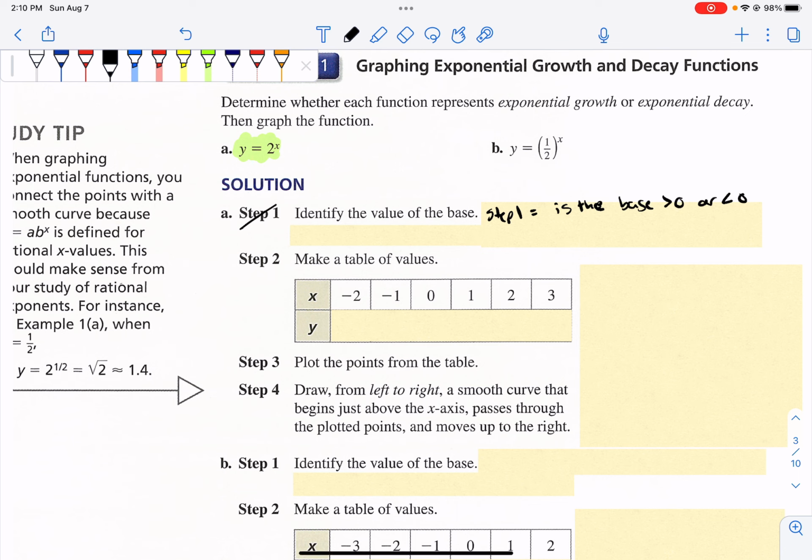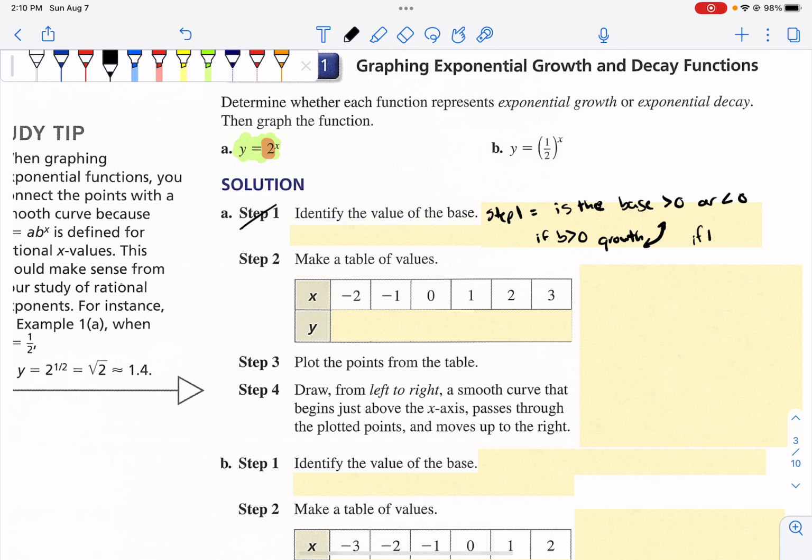Is this value right here bigger or smaller than 0? Now, in this example, it is bigger than 0. And if you remember, that means exponential growth. So if b is bigger than 0, then it's growth, and it looks like this.